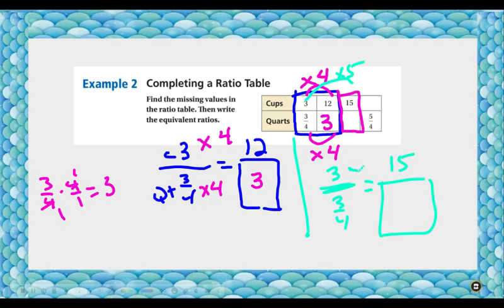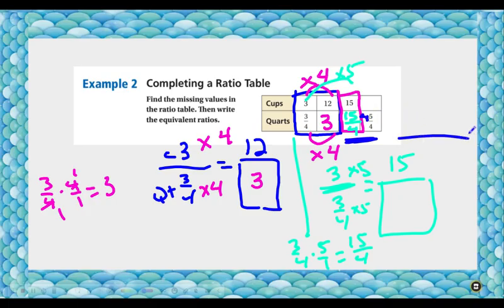So now we're going to do times 5. 15 times 5. So 3/4 times 5 over 1 is 15/4. Okay, so that's 15/4. Now I see a relationship between these two right here, 15/4 to 5/4. I could see that we need to divide by 3.